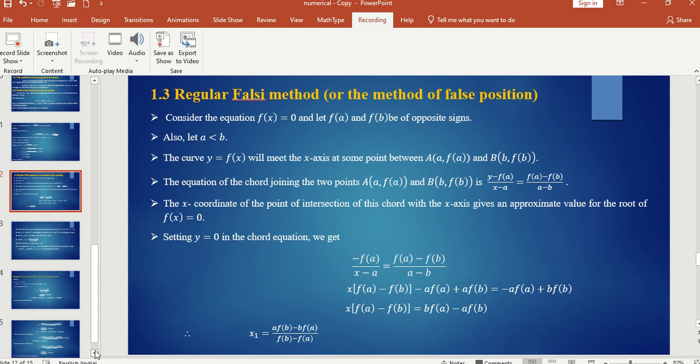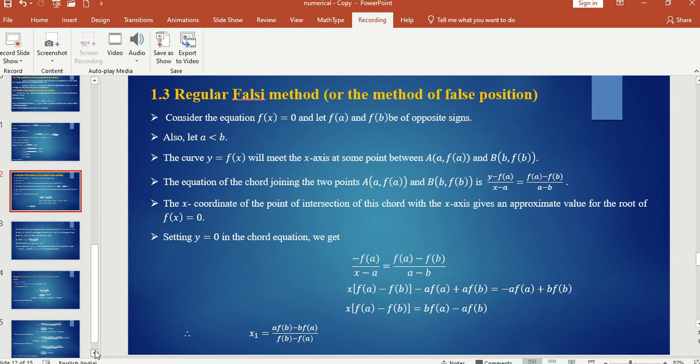Also we know that the equation of the chord joining 2 points is y minus y1 divided by x minus x1 equal to y2 minus y1 divided by x2 minus x1. So here we substitute y1 as f of a and y2 as f of b, x1 as a and x2 as b.